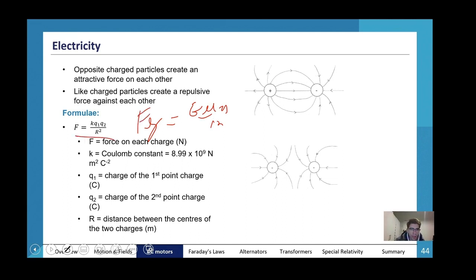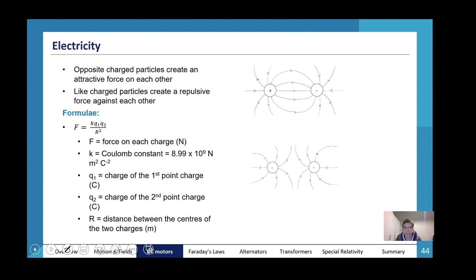So it's actually very similar to one another, where in this case F stands for the force on the charge, k stands for the Coulomb constant, Q1 stands for the charge of the first point charge, Q2 stands for the charge of the second point charge, and r is the distance between the centers of the two charges.